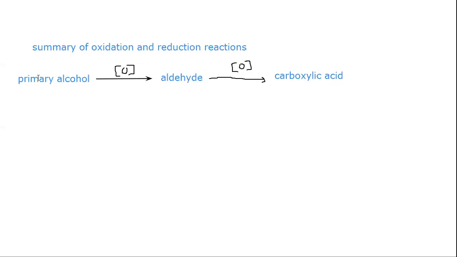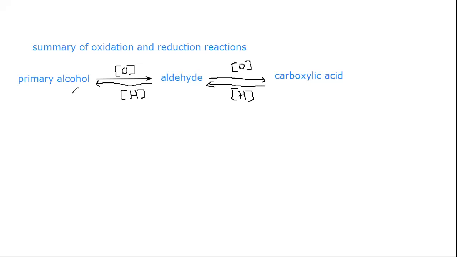If going from left to right is oxidation, which is loss of hydrogen or gain of oxygen, what about going from right to left? Going back is reduction. So we just saw aldehyde on reduction will give you what?